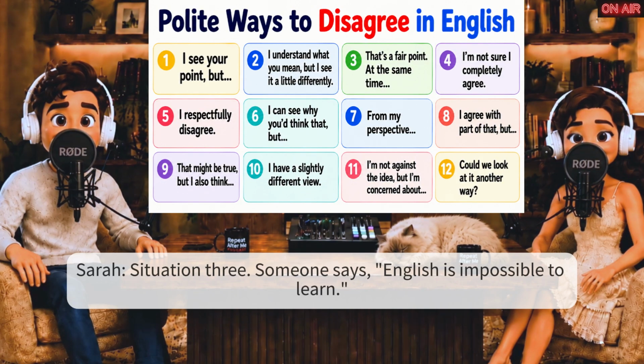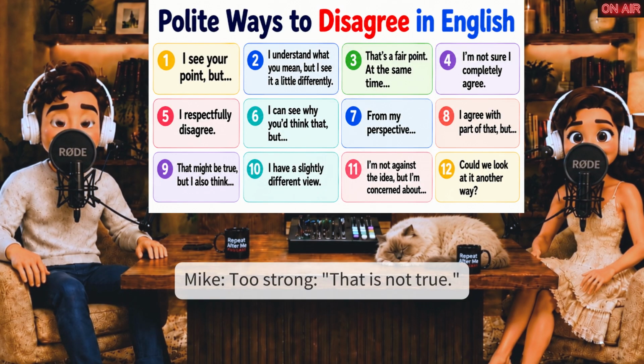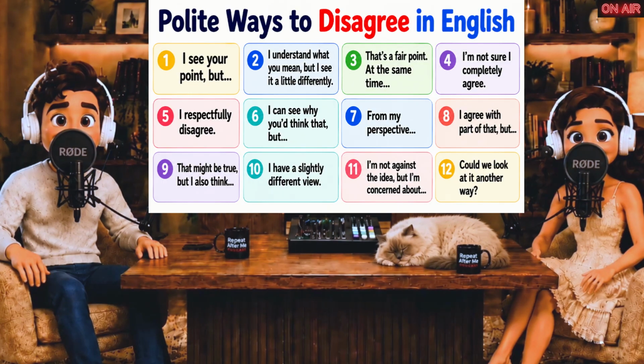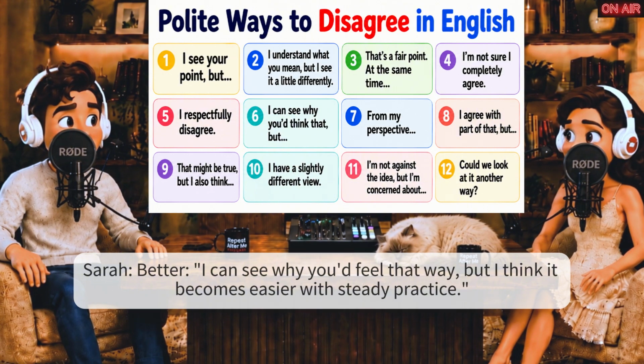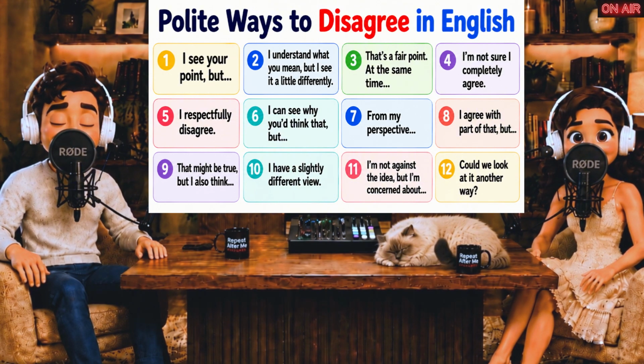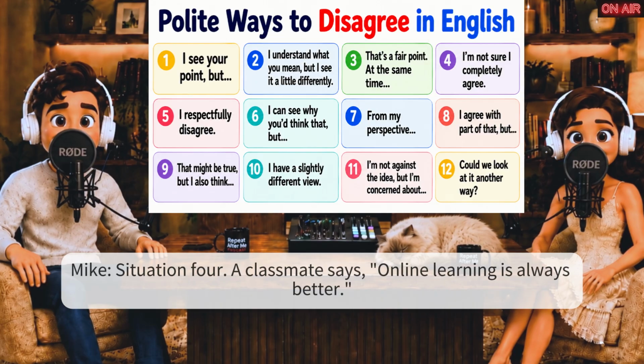Situation 3. Someone says, English is impossible to learn. Too strong: That is not true. Better: I can see why you'd feel that way, but I think it becomes easier with steady practice. Situation 4. A classmate says, online learning is always better.